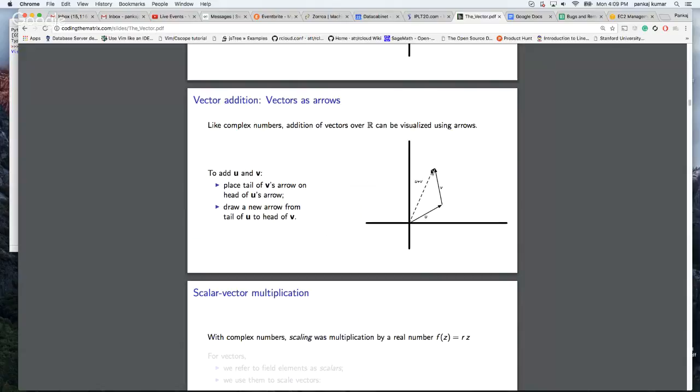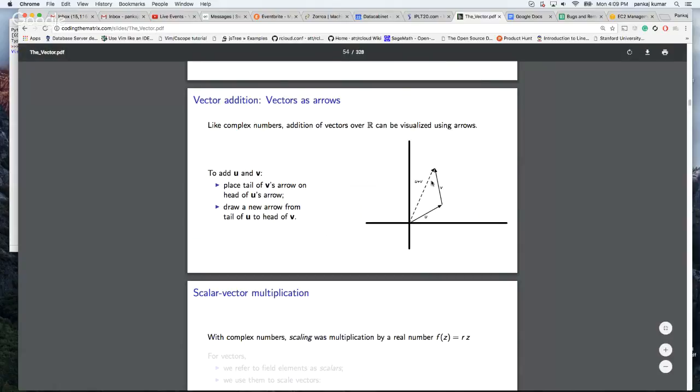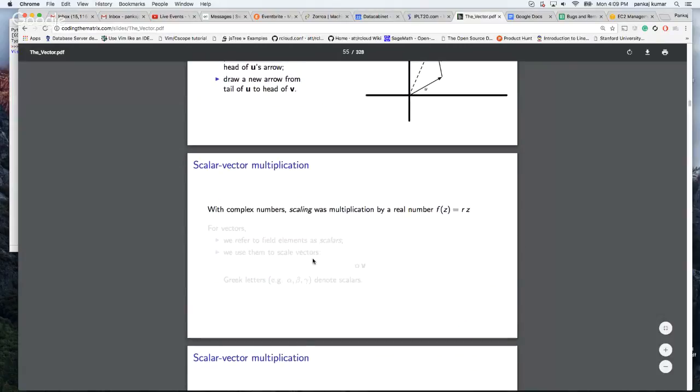So u plus v can be geometrically interpreted as completing the hypotenuse on this triangle, not hypotenuse, but the third side of the triangle, which can be proved.